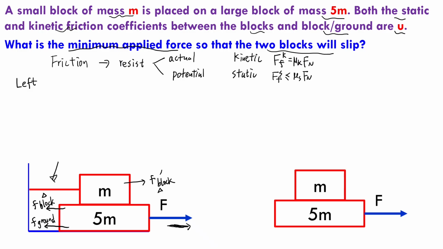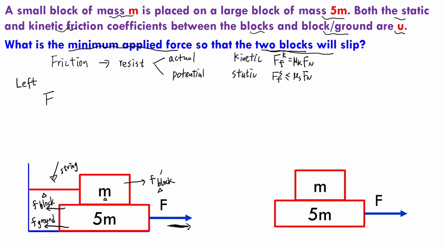Because of the existence of this string, we know this upper mass is not going to move. So if we want these two blocks to slip, then as long as the lower block moves, they're going to slip. So now we just need to find out when the lower block is going to move.